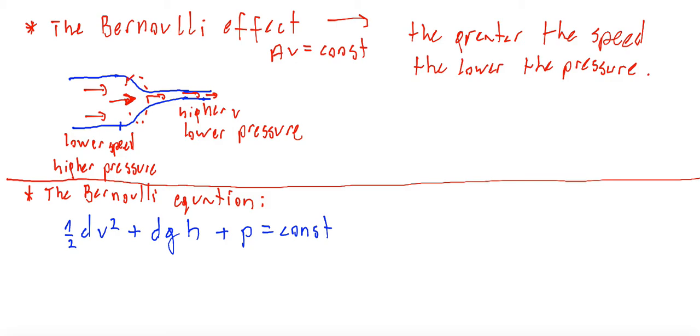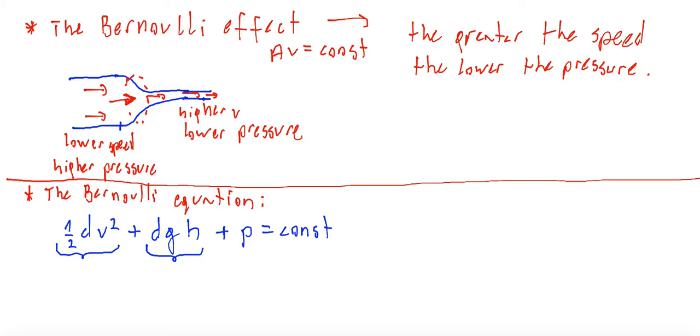Let's look. We have practically two parts. This part is related with the speed of the fluid, so dynamics, like kinetic energy, and this part is related with the height on which the fluid is. When the fluid changes height during the motion, then this is an important factor.